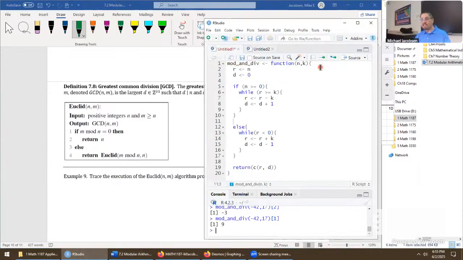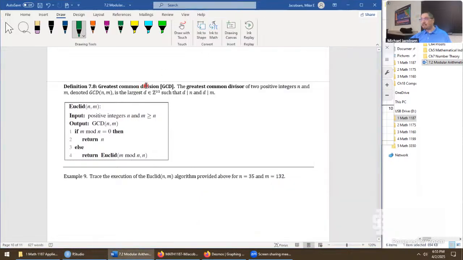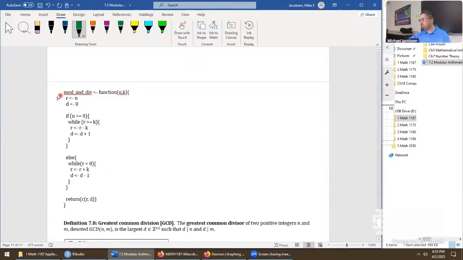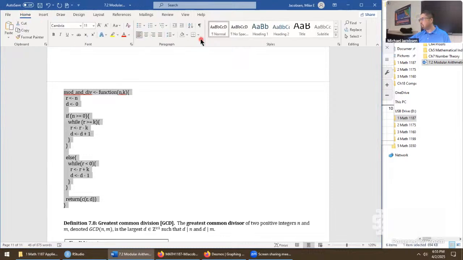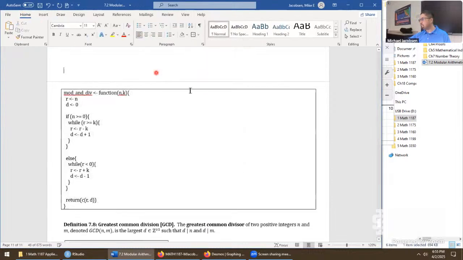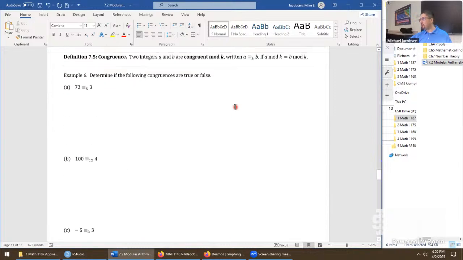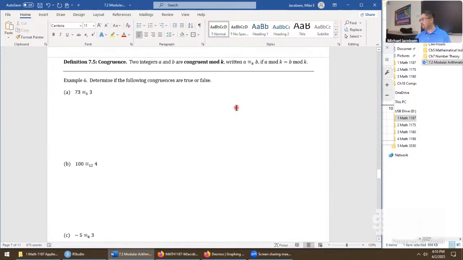In fact, that's what we'll do next time when we get to this part of the section. We'll save this algorithm. Here it is saved, and bring it back in this problem. But before we get into all those last concepts, we'll start with congruence.